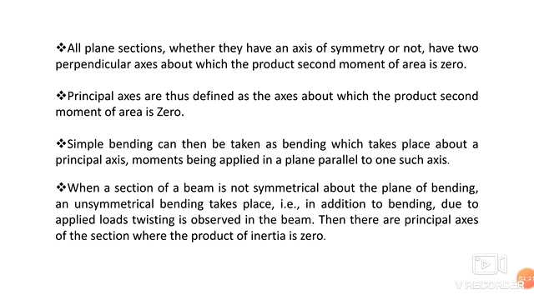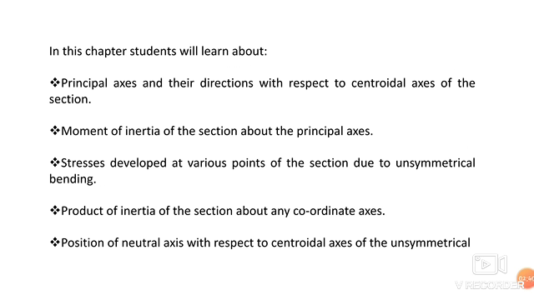When a section of a beam is not symmetrical about the plane of bending, unsymmetrical bending takes place. That is, in addition to bending due to applied loads, twisting is observed in the beam. Then there are principal axes of the section where the product of inertia is 0.